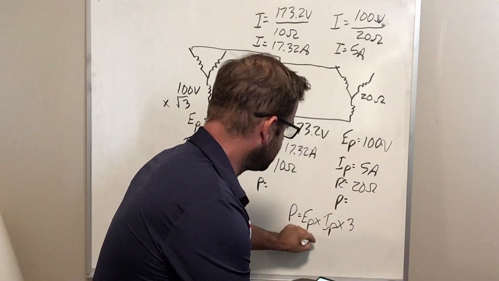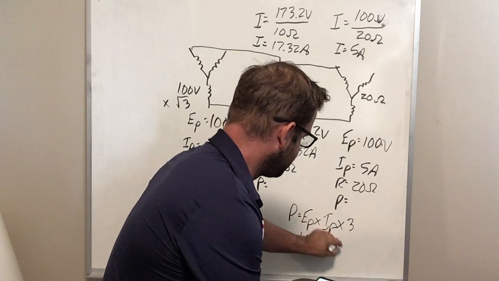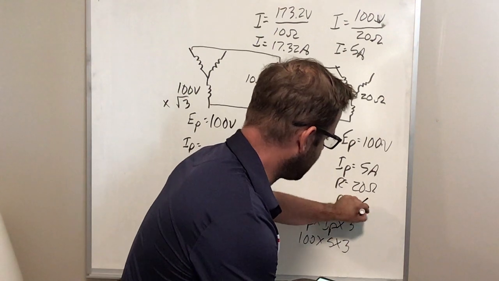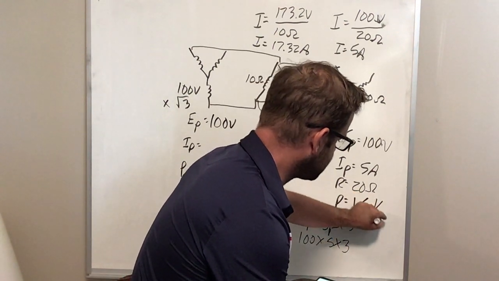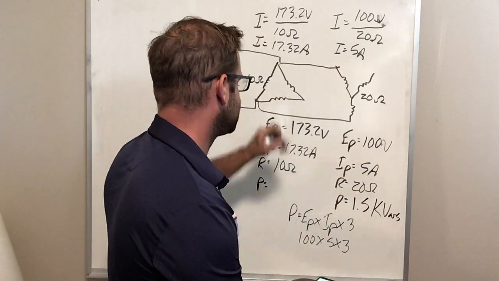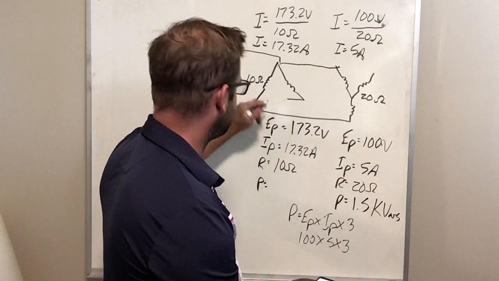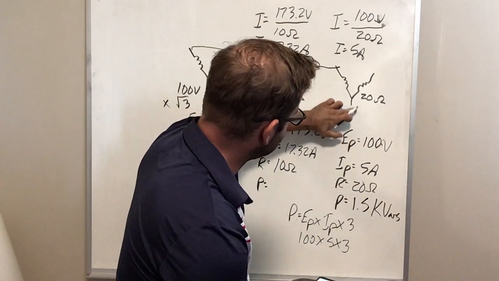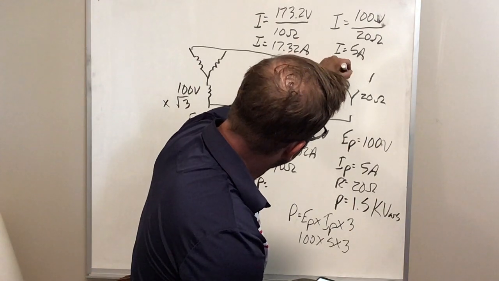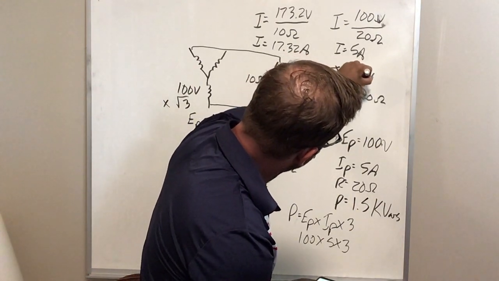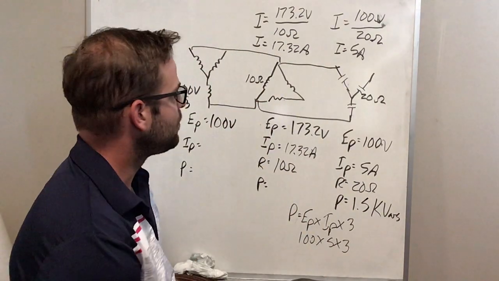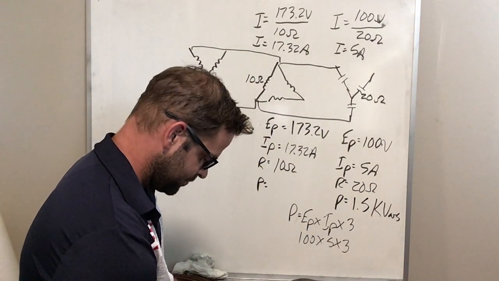So 100 times 5 times 3 should give you an answer of 1.5 kVARs. I drew my picture wrong on this one. It should be capacitive. Okay, so that's how that should be there.